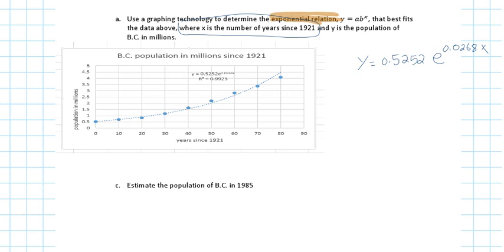You're going to press e to the power of, then put that power, and then press equal. Do you see the e on your calculator? 0.0268. Do I have to close the bracket? Depends on the calculator.